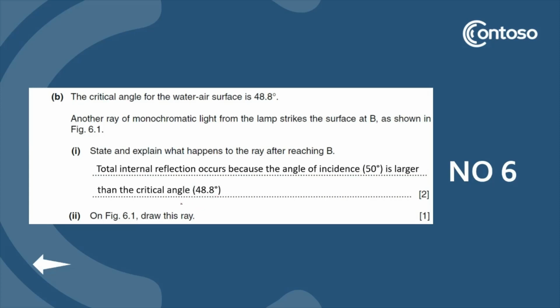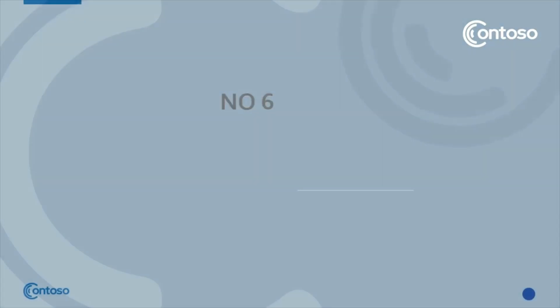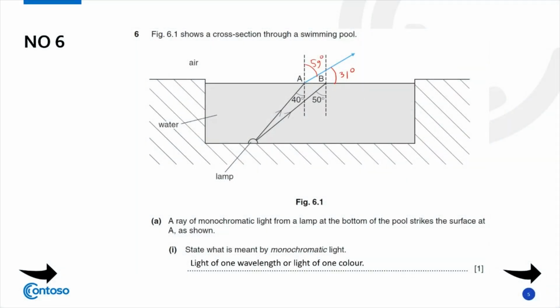6b II. On figure 6.1, draw this ray. To draw this ray, once again we have to go back to figure 6.1. When total internal reflection occurs, no ray of light will emerge from the water. Instead, the ray will be reflected back into the water at B with the angle of reflection equals to the angle of incidence. In this problem, the angle of incidence is 50 degrees, this one.